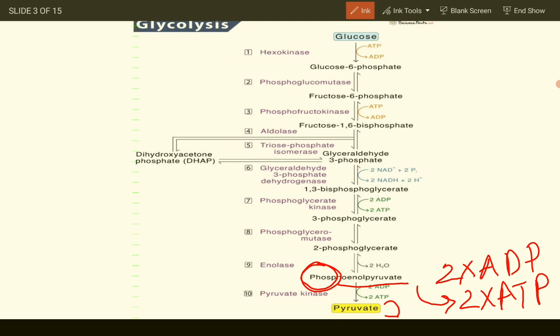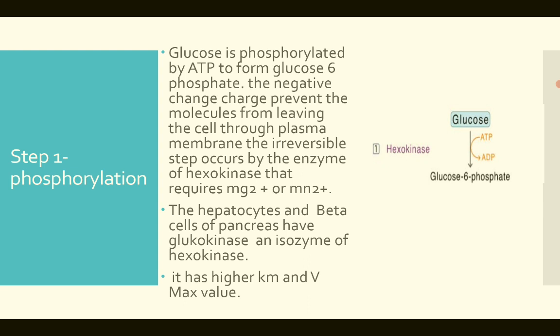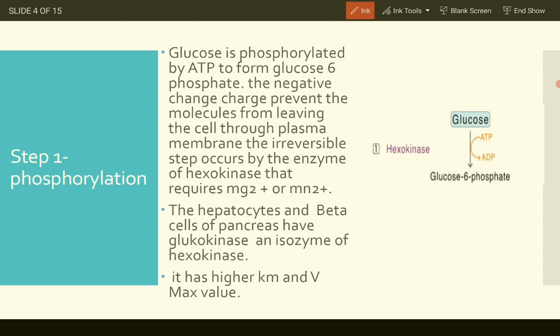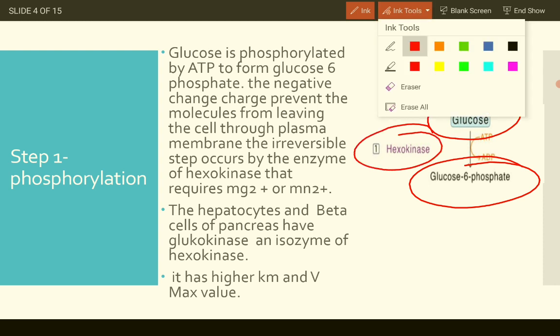Now we will go through each step in detail and slowly, knowing about every enzyme on the way. So step 1 is phosphorylation. This is step 1 where glucose is being converted into glucose 6-phosphate by the enzyme hexokinase, right?